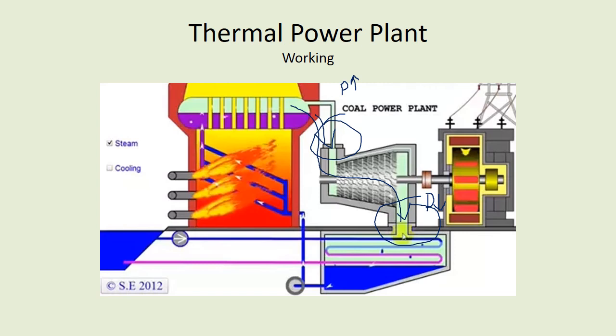If you want to define a condenser, you can say it is a device that creates a low pressure zone so that the steam can travel from higher pressure to lower pressure, and then it can move your turbine. If the turbine moves, then it will be moving your rotor. So this is the major function of a condenser. Next, the condenser also condenses the steam and converts it into water, and this water still has some heat.